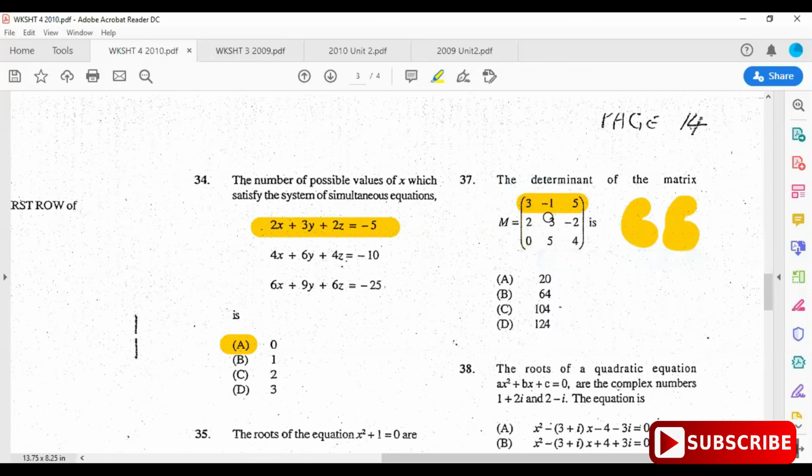Now we need to find the cofactor of this 2, which would be negative 4 minus 15, which is negative 19. Negative 4 minus 15 is negative 19, right? Yes. And then we multiply it by 2, which gives minus 30.